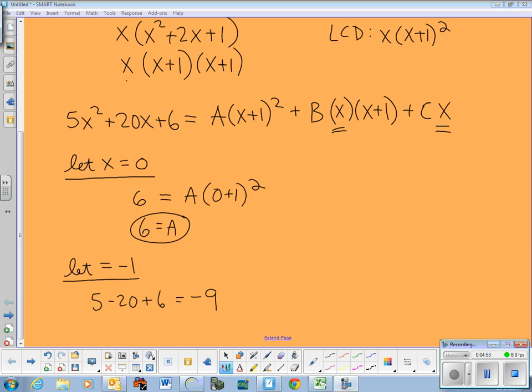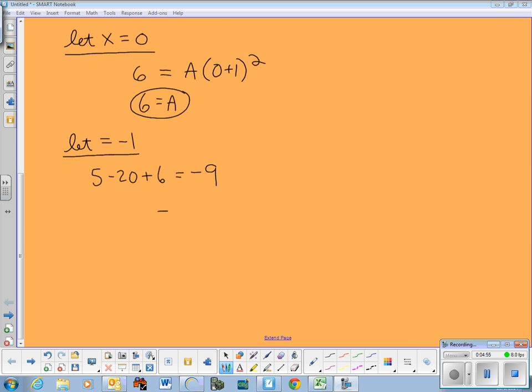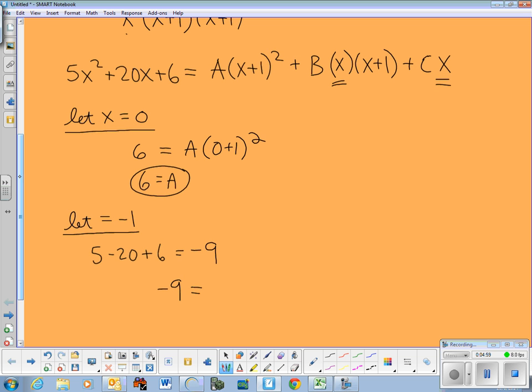And the right is going to be, let's see, the A and the B wipe out, and I get -1 times C, or C times -1. So if -9 equals -C, C equals 9. So now I've got two of them.